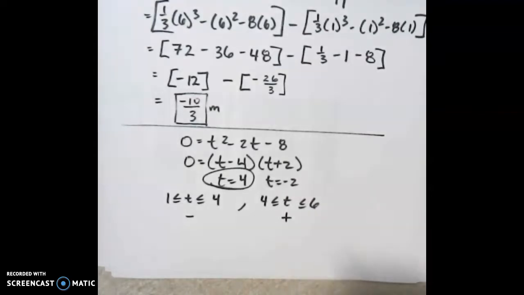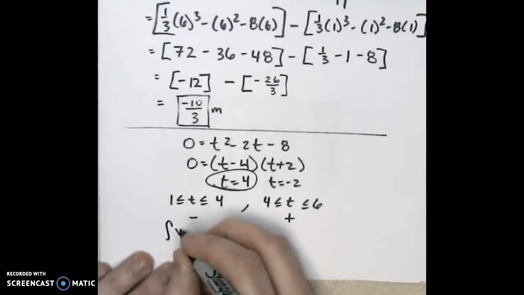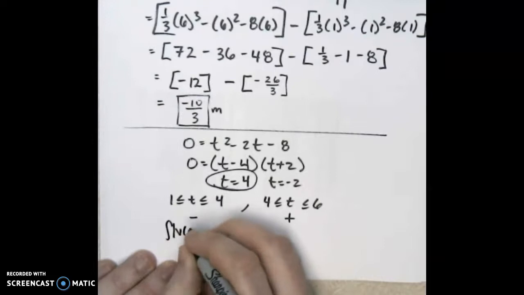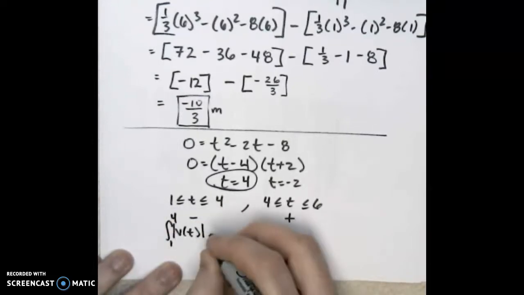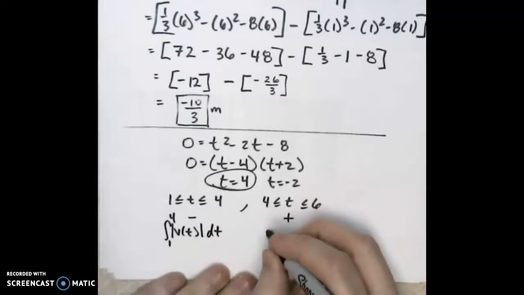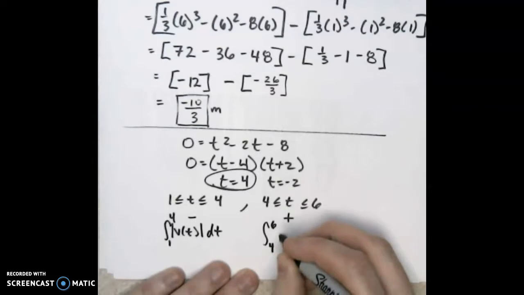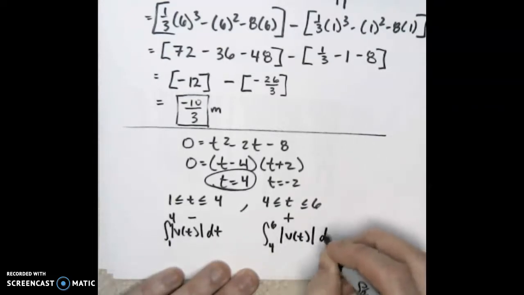So when we do our integration of the velocity, you're going to make sure that you do absolute value of this velocity from 1 to 4. And then over here, you don't need to worry about the absolute value because it'll be positive. You can put absolute value on it if you want, but you don't need to worry about it.